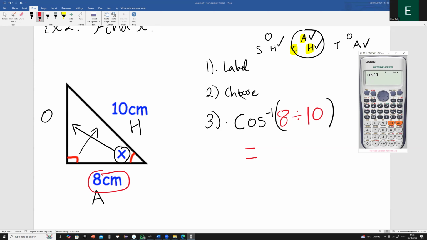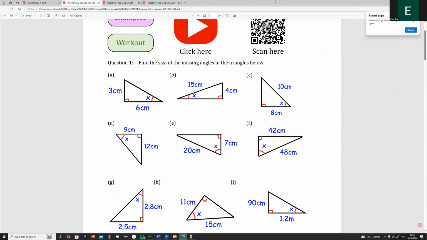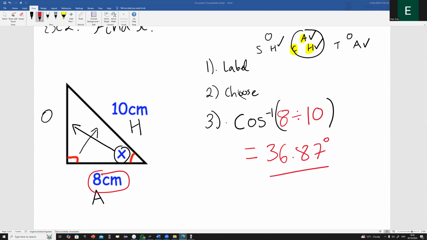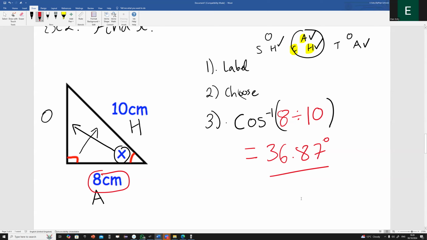Shift cos 8 divided by 10. Again, you can use the fraction button as well. And fantastic, 36.87 or 36.9, roughly that. Right, is that okay? This is probably the hardest topic we've done so far. So let's do one more, and then I'll give you a couple to do.